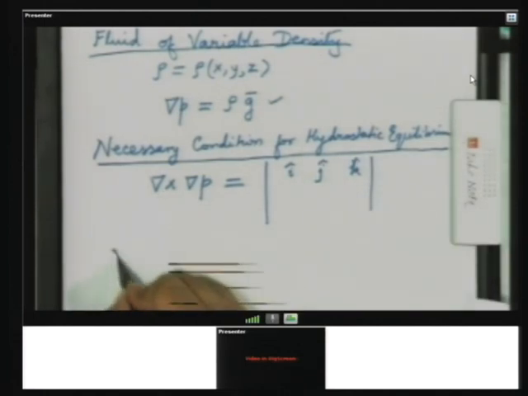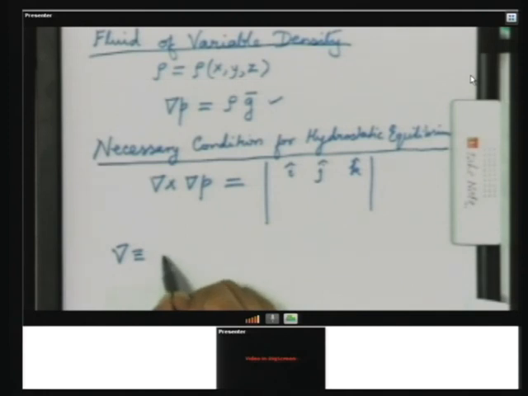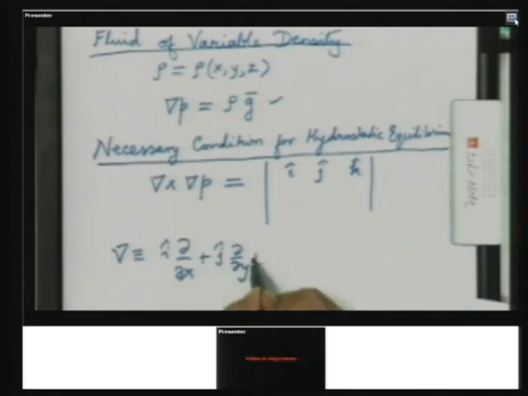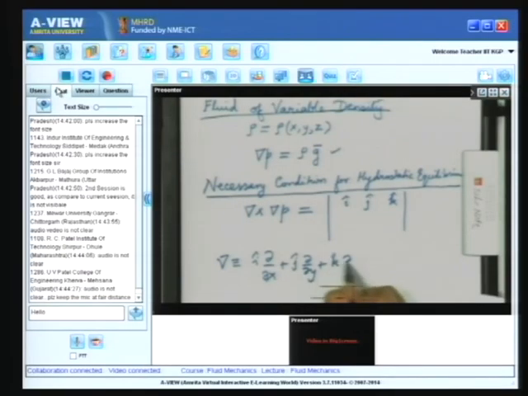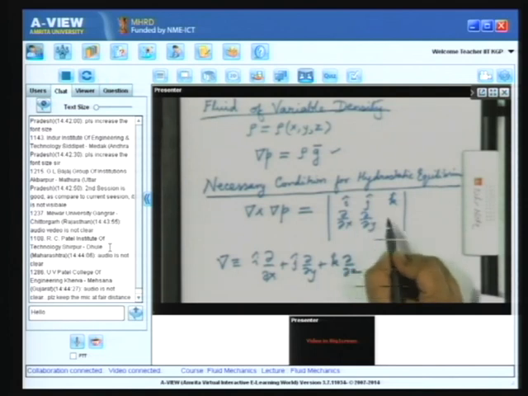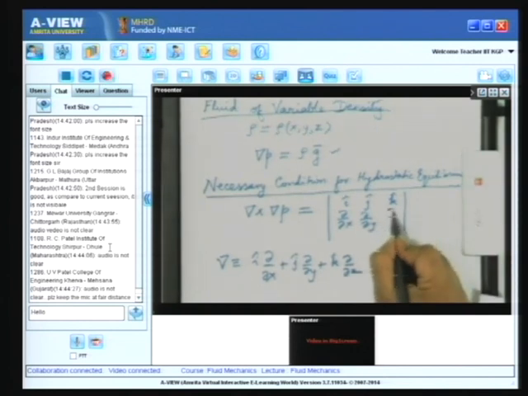Now, grad you can view as a vector operator i del/del x plus j del/del y plus k del/del z. So, here in the second row we will write del/del x, del/del y, del/del z.